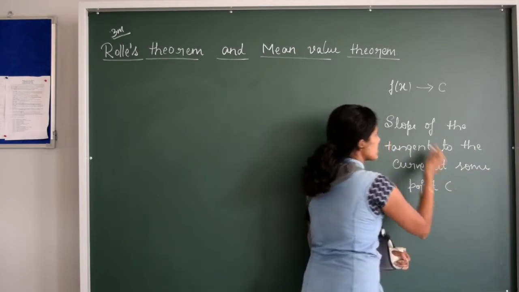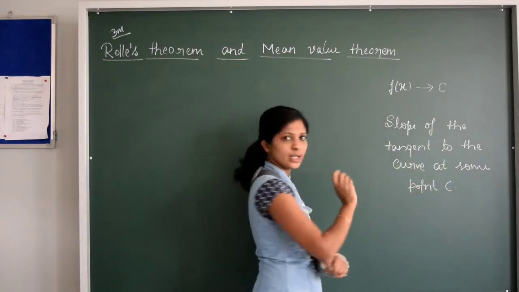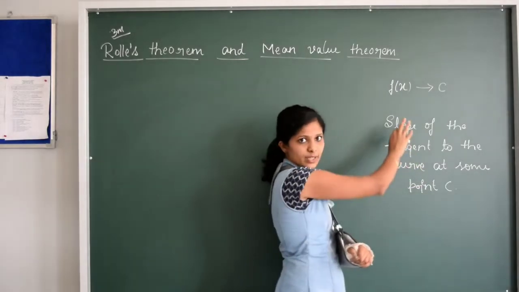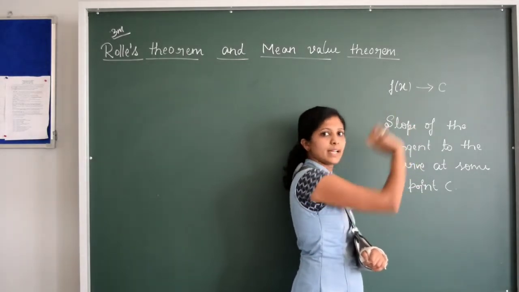The derivative means the slope of the tangent at some point C to that curve. Then we can say that the function is differentiable at that point C.